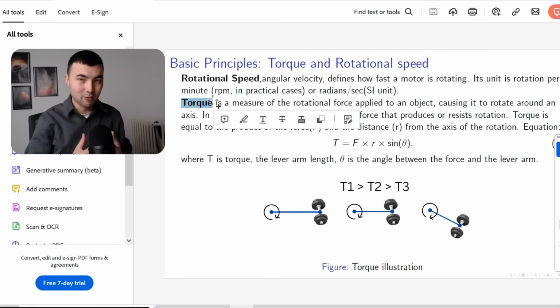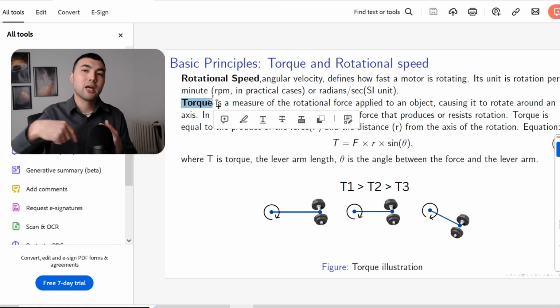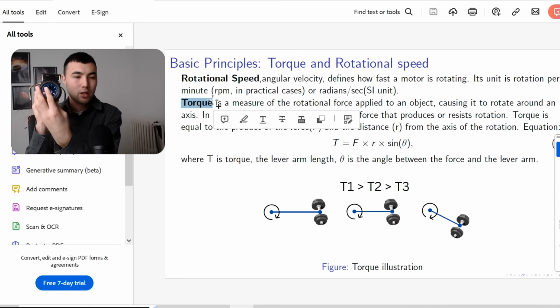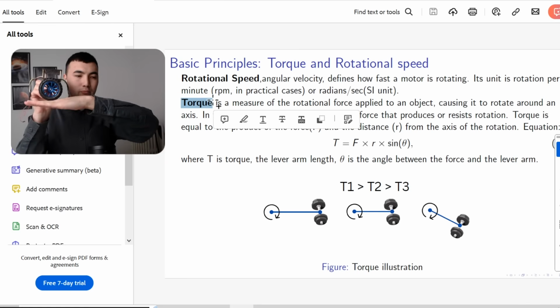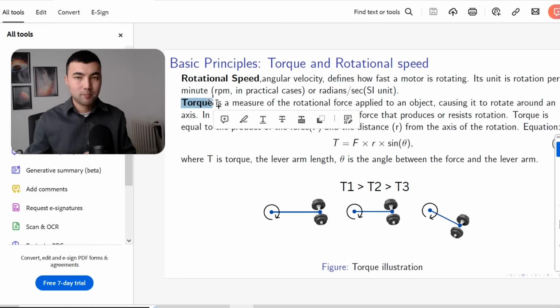And in a similar way, when we have rotation, first we have a motor which generates some torque to handle rotation, but we also have some resisting torque, which also could be friction. For example, I have a wheel which is rotating, but if I put it on the surface, of course we have some friction which will generate some torque.